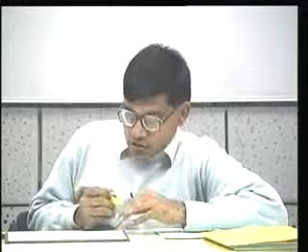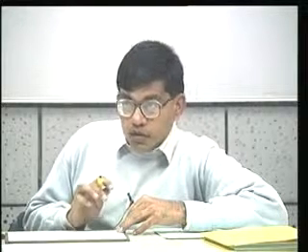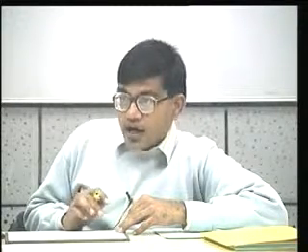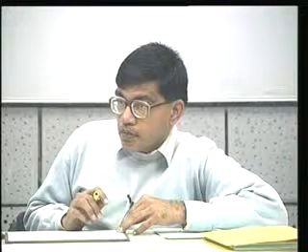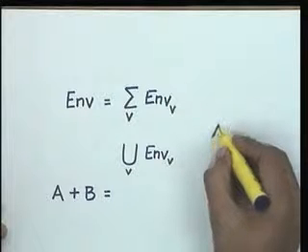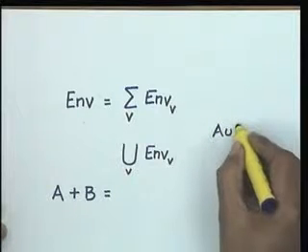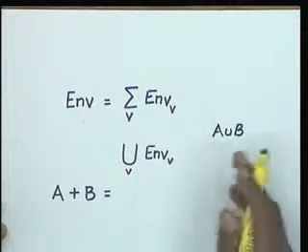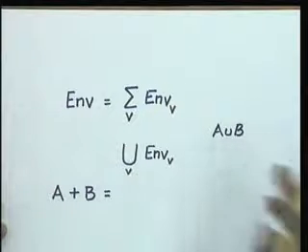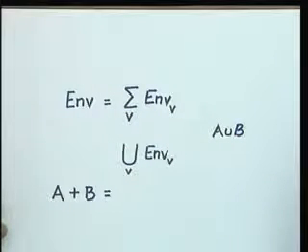So for example, if the two sets were not disjoint, if they had some common elements, then an A union B will just consist of all the elements of A and B without actually specifying an identity as to where that element came from.